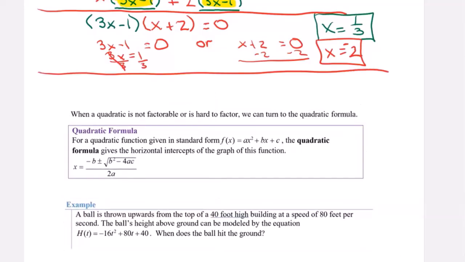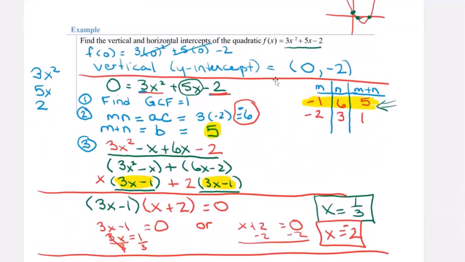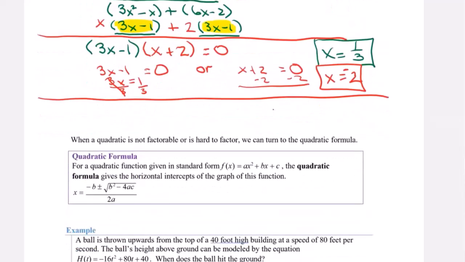As long as my function equals 0, and my original function here is f of x equals 3x squared plus 5x minus 2. Since I'm looking for my horizontal intercepts, I can say this equals 0. As long as it equals 0, I can use the quadratic formula.